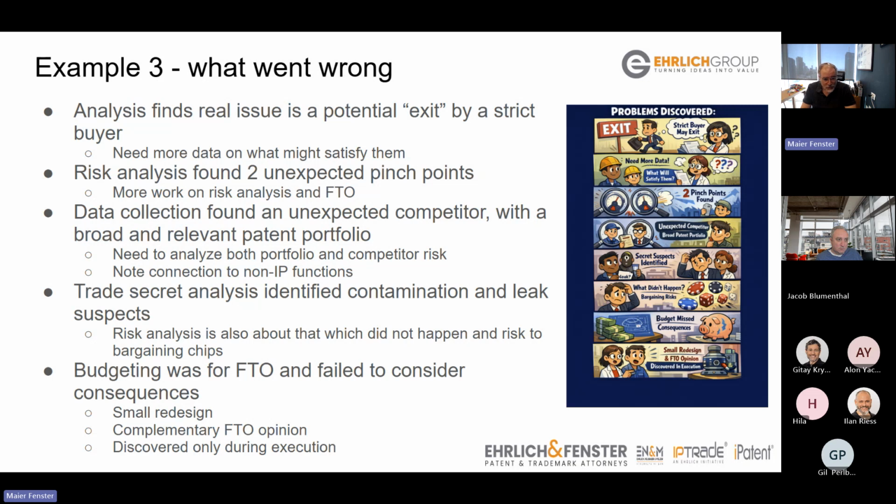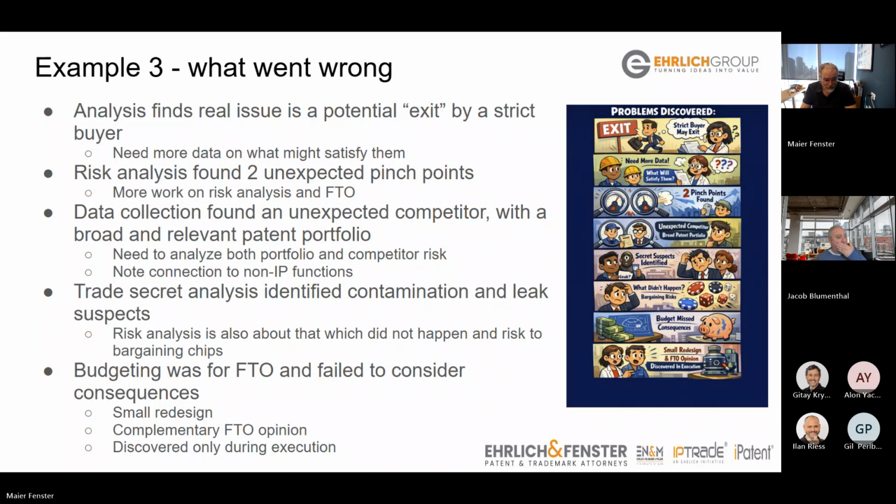I mentioned you should be doing trade secret analysis and you identify contamination and leak problems. Okay, so contamination is where maybe it doesn't belong to you. So you're not infringing anybody's patent, you're just using something whose invention isn't yours.